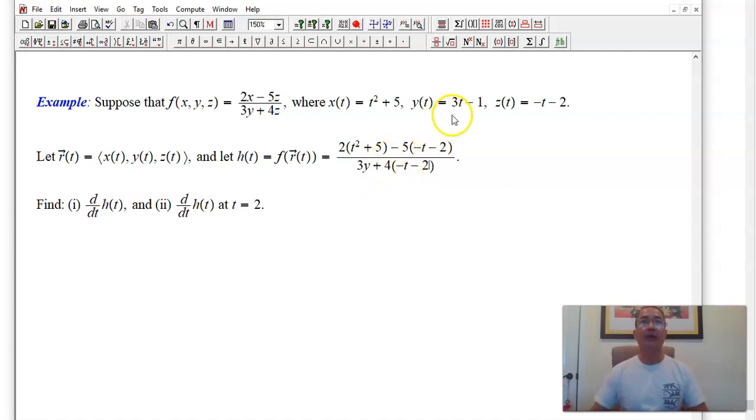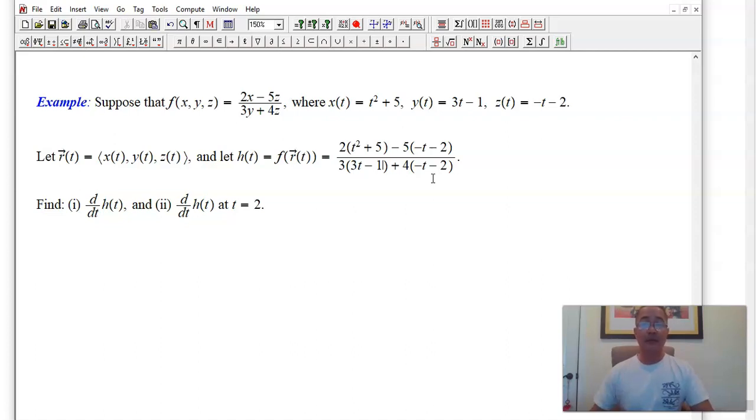Oh, we're missing y. So there we go. So y is down here. So it's not too bad. We're going to end up with a quadratic in the numerator, and I think a linear term in the denominator. So again, we know how to do that in basic calculus, right?